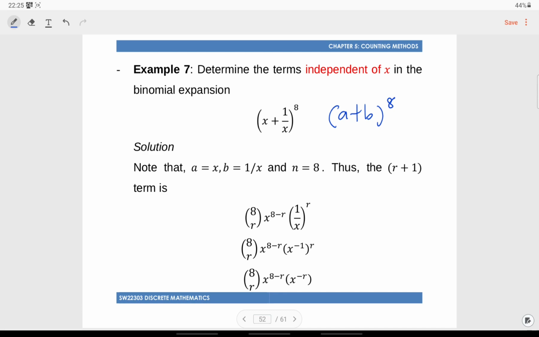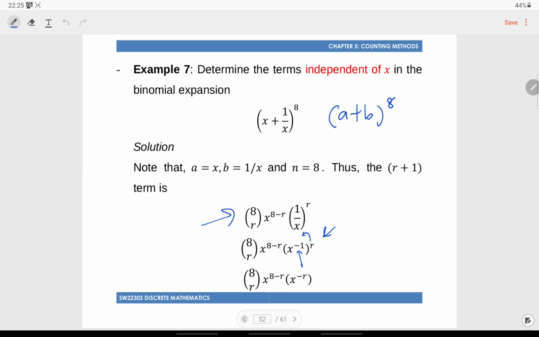Thus, the r plus 1 term is computed using this formula: 8 choose r, x to the power of 8 minus r, times 1 over x to the power of r. This can be simplified because 1 over x can be written as x to the power of -1, and then multiplying by r inside, it becomes x to the power of -r.